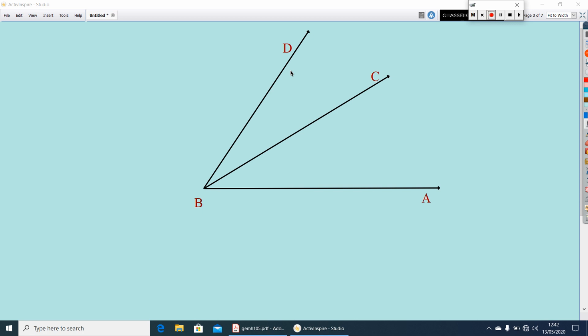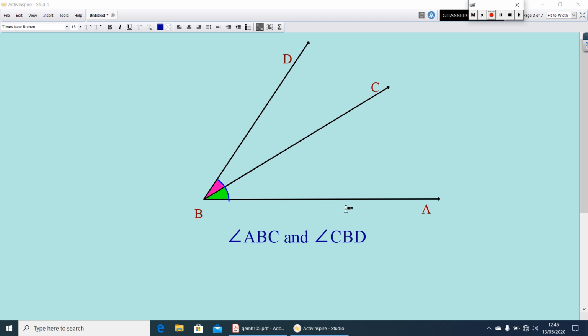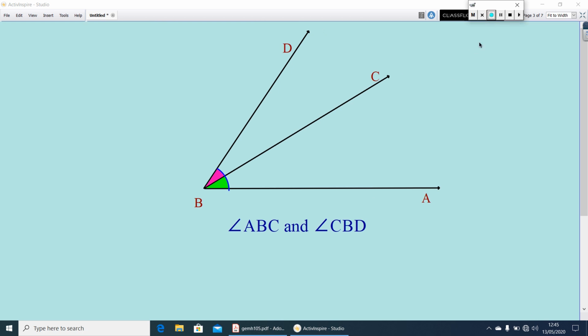Now you will get a pair of angles, that is angle ABC and angle CBD. Now look at both of these angles. What are the vertices of angle ABC and angle CBD? For angle ABC, B is the vertex.